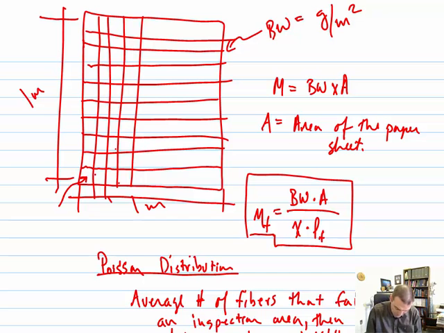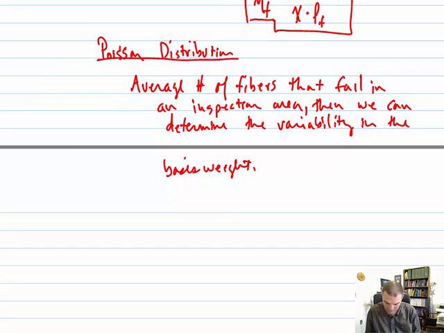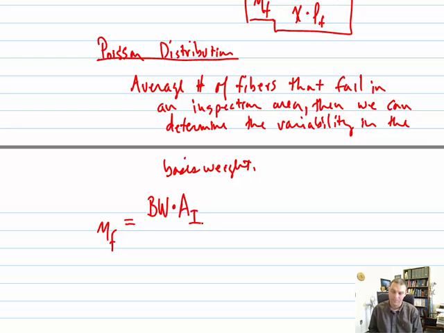Now, another way to do it that's computationally more simple and straightforward is to determine the number of fibers for an inspection area. So this is our overall basis weight of our paper sheet, and we simply multiply it by an area of inspection. That area of inspection is the area that we want to examine.